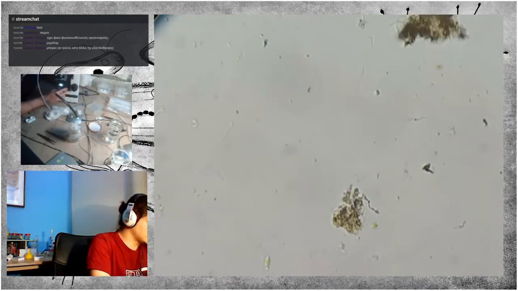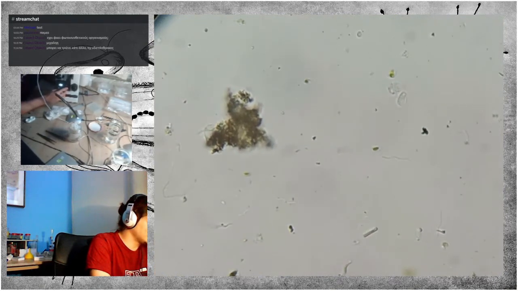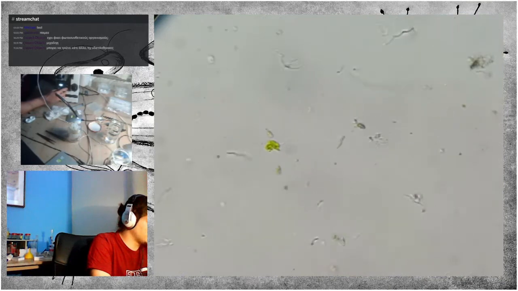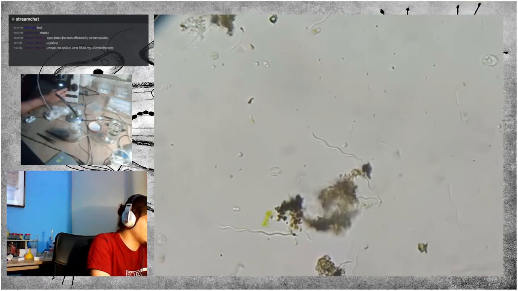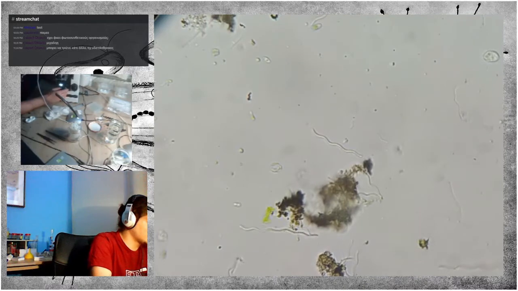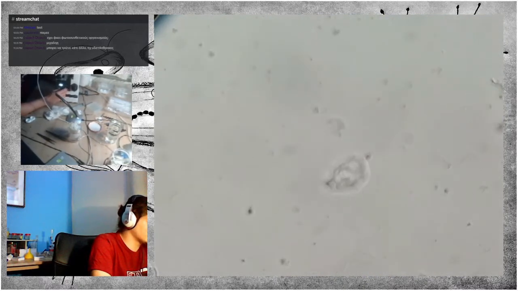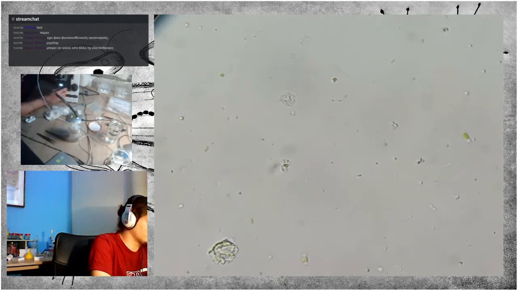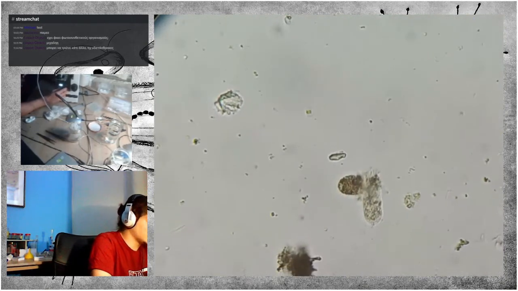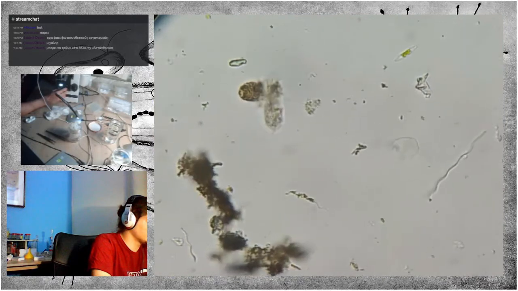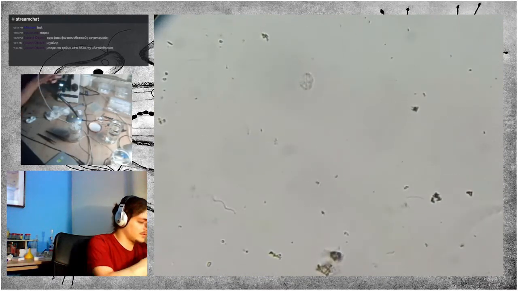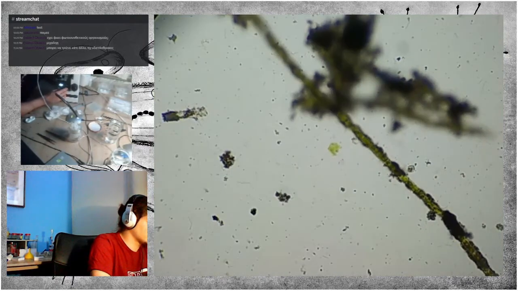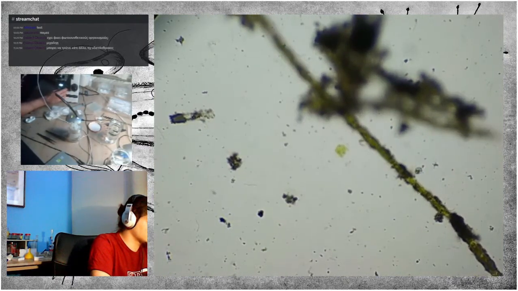Also, you'll notice that the previous slide didn't have any diatoms. That is because it was a biofilm, which generally floats up, while the diatoms are quite heavy and they sink down. You generally find more diatoms on the sediment. Here is a colony of green algae.